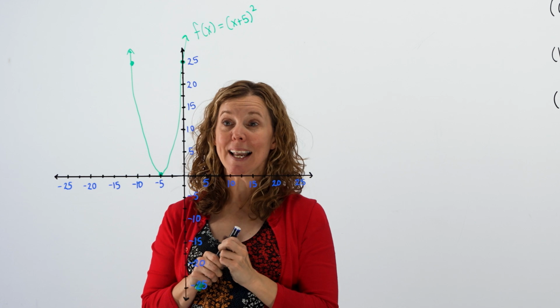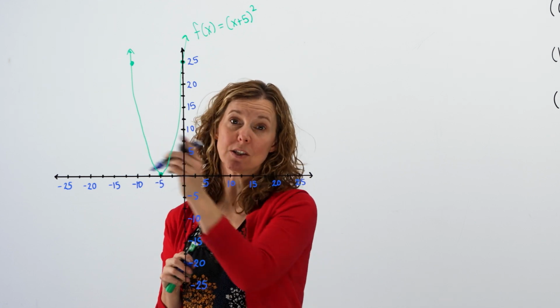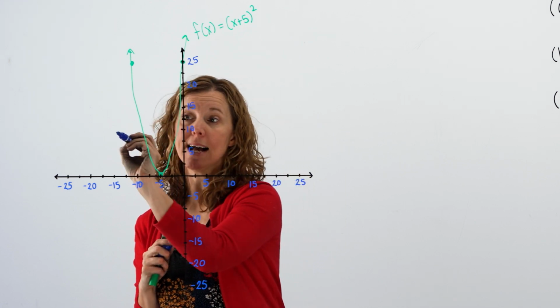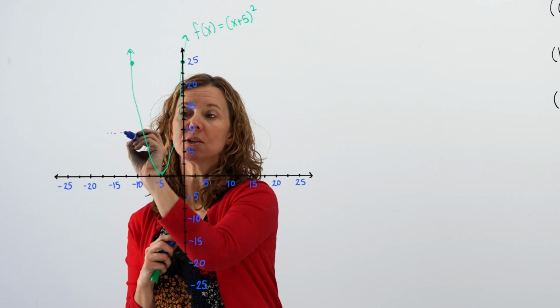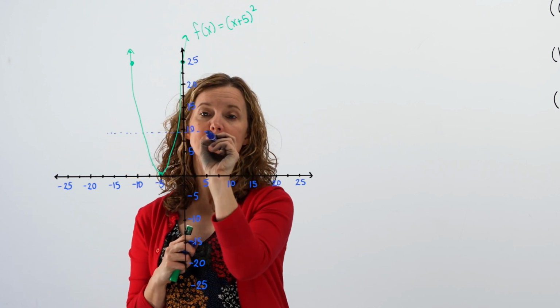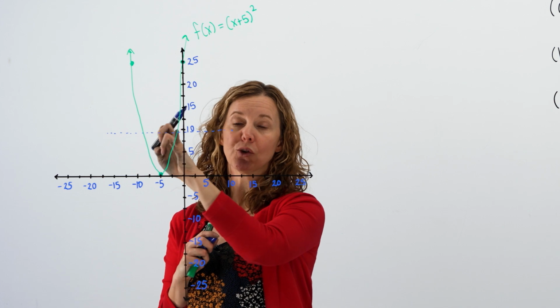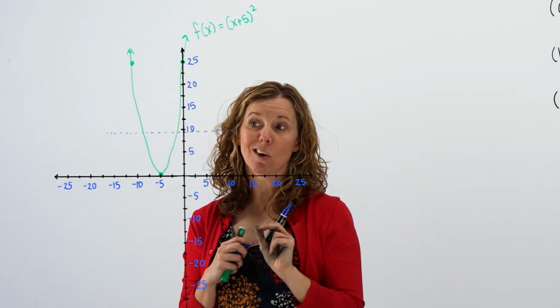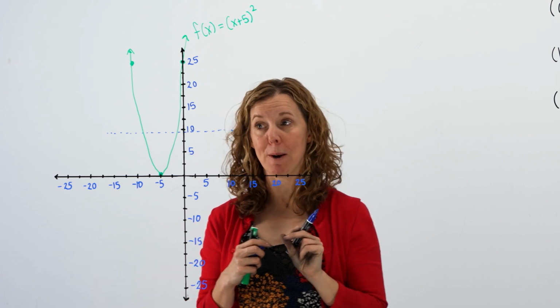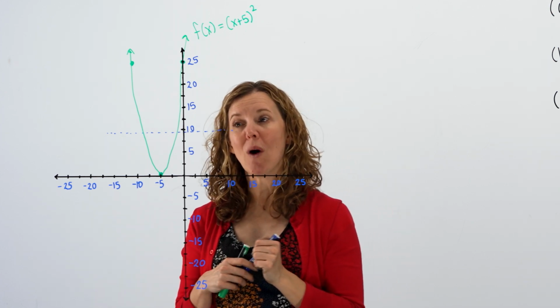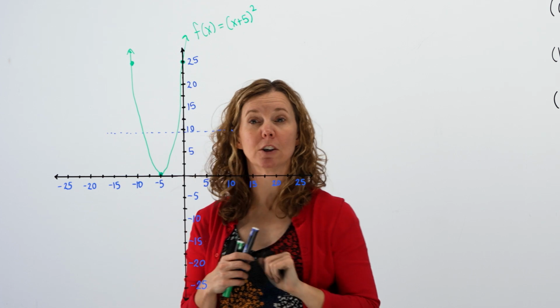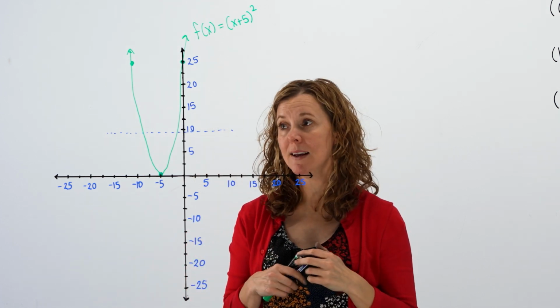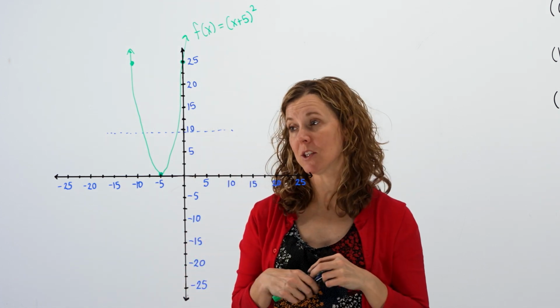And we can see right now that this function certainly does not pass a horizontal line test. Almost any horizontal line that we place is going to intersect the graph in 2 places, meaning that it is not 1 to 1. There are 2 inputs with the same output. So we want to know, how could we restrict this function so that it is 1 to 1 and keep the domain as large as possible?